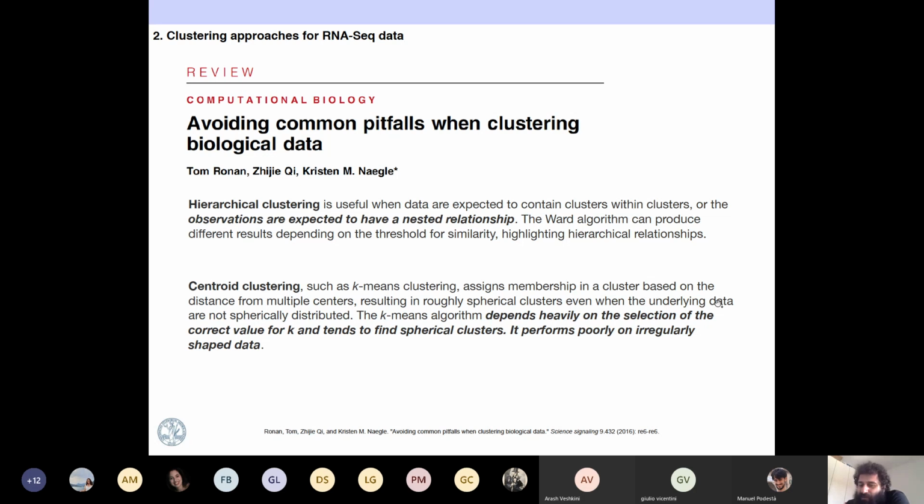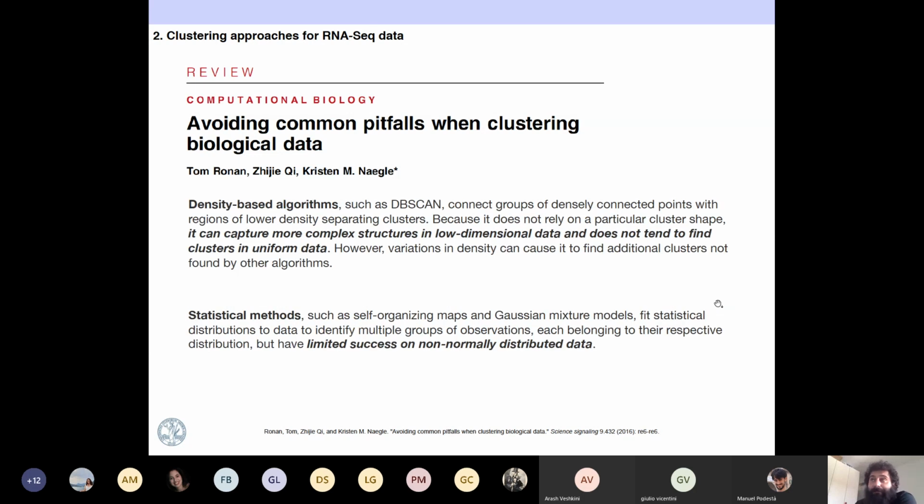When your data is not homogeneous, you will see that it performs poorly. You have density-based algorithms, and I'm not going to go into much detail. Basically they use density to connect groups. The good part is that they can capture more complex structures, like in low-dimensional data, but they don't tend to find uniform clusters in large data.